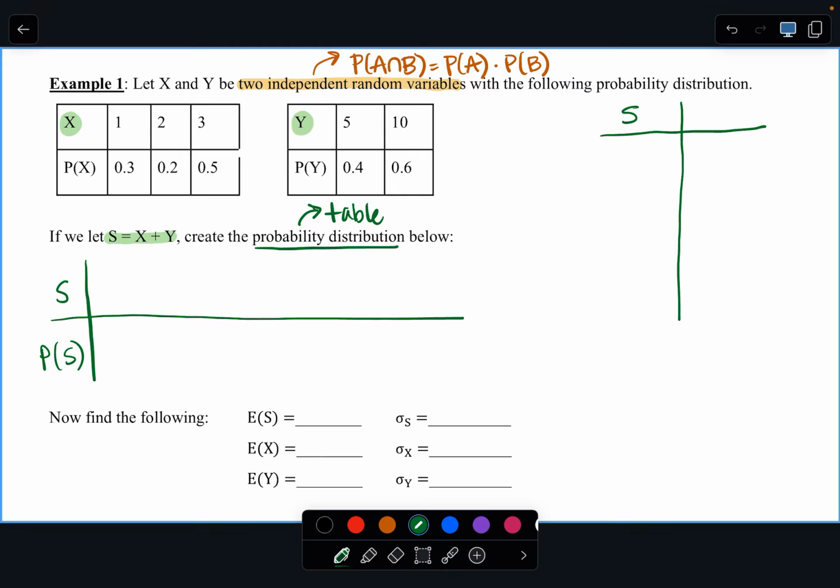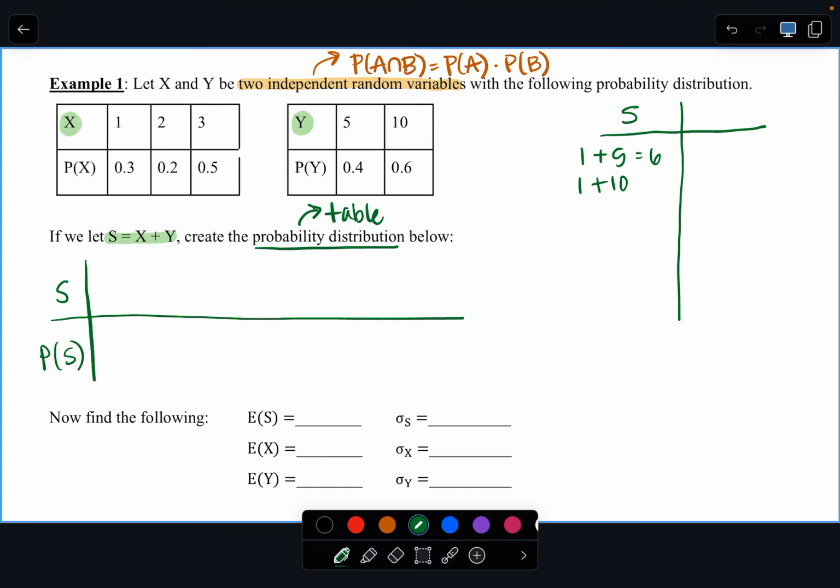I'm going to take every single value in X and combine it with values in Y. So I have 1 for X and 5 for Y, and 1 for X and 10 for Y. It's like double distributing when you're multiplying binomials. You want to make sure that everything gets combined so that all combinations are represented.